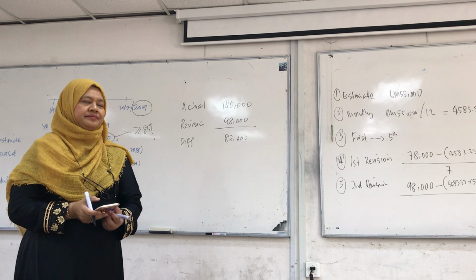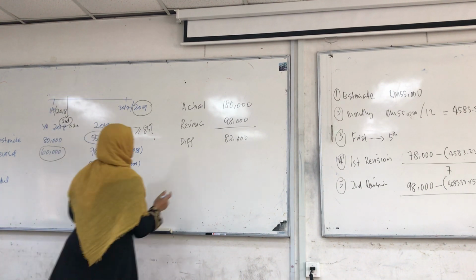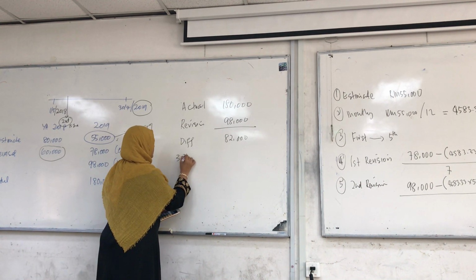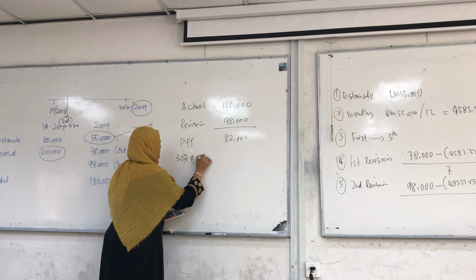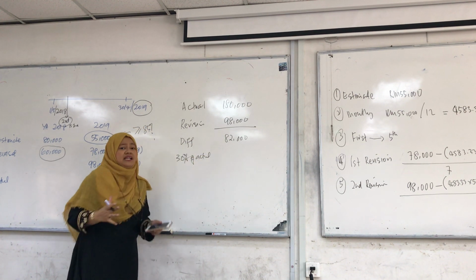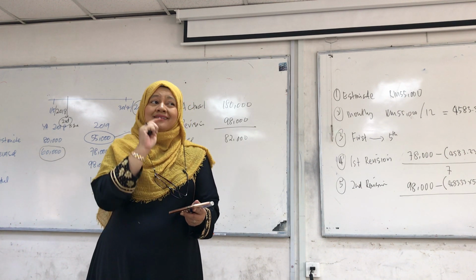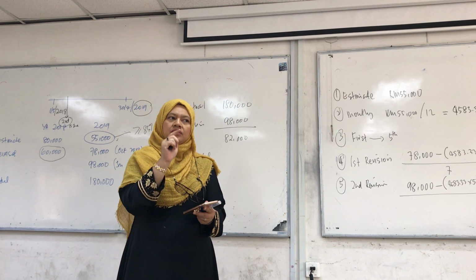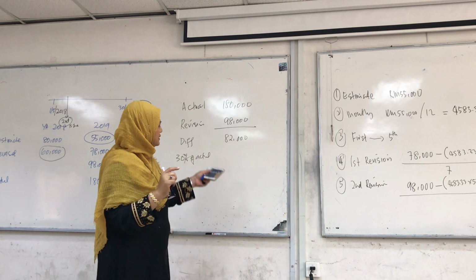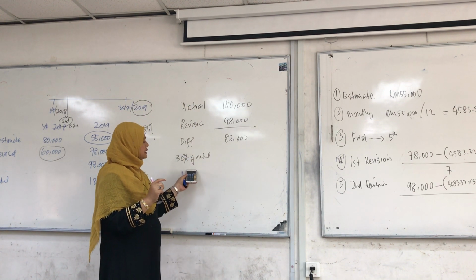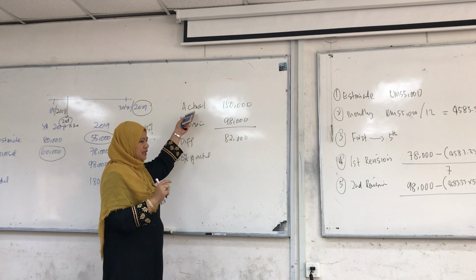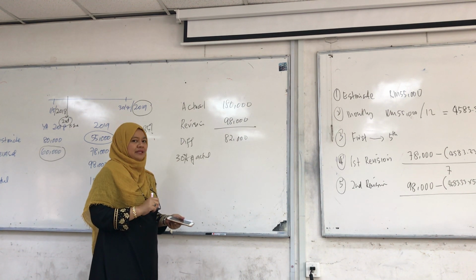You have to check what is 30% of actual. Why 30% of actual? Because the law says so. The law says if your difference is more than 30% of your actual, then you'll be penalized 10%.